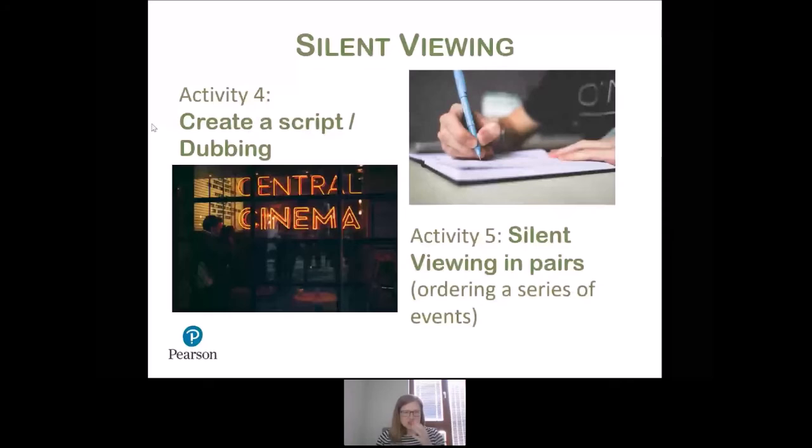Student B should have slips of paper where there are different events described from the video, and according to student A's description, he or she should put those descriptions into correct order.